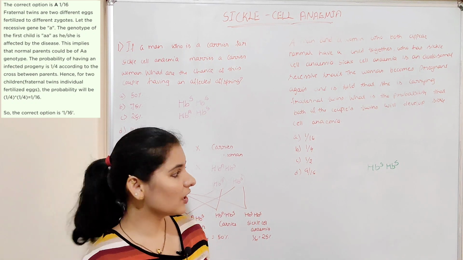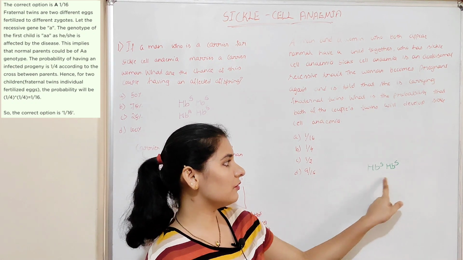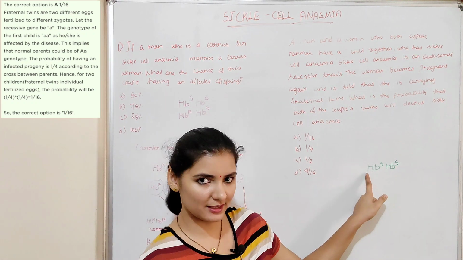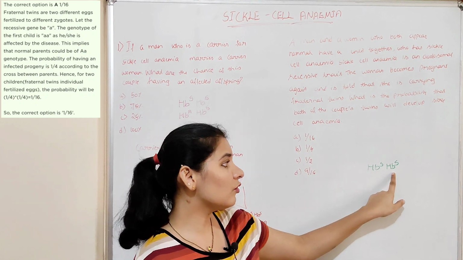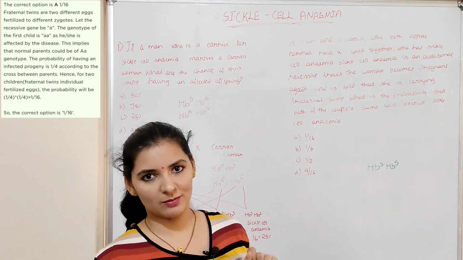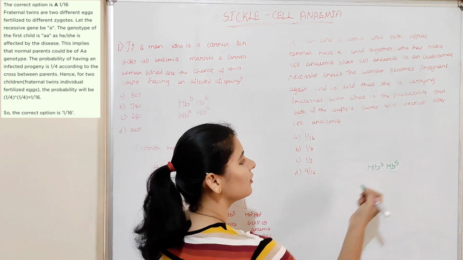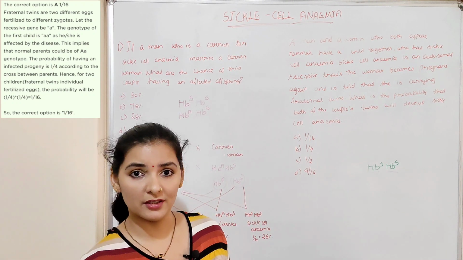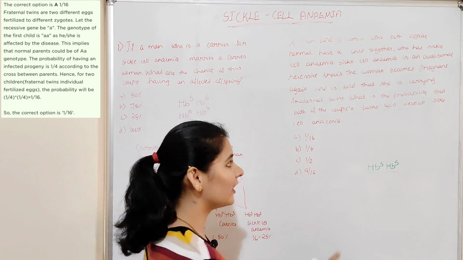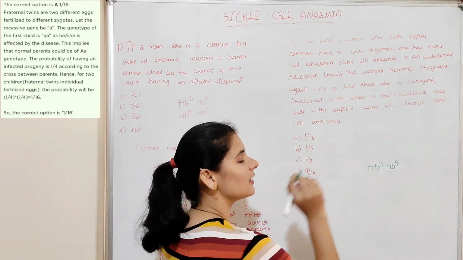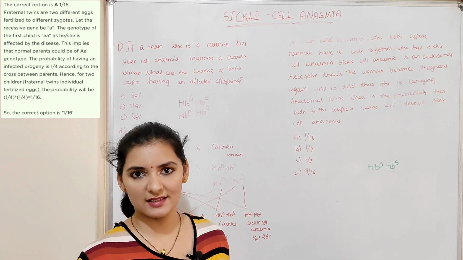That is the question. From the question we get to know that the first child produced has sickle cell anemia, meaning both chromosomes of the homologous pair carry the abnormal gene. One is received from the father, and the other chromosome is received from the mother. So from that you can conclude that both parents carry this abnormal gene, or gene for sickle cell anemia.